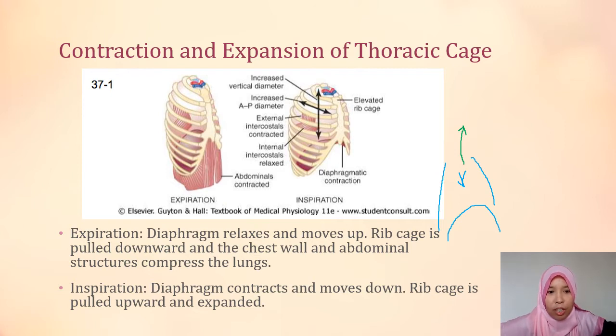So here, let's say, imagine this is the diaphragm. When the diaphragm contracts, it flattens out, right? If you compare with the expiration phase, you have the diaphragm curled back to its original position, which is the dome shape.